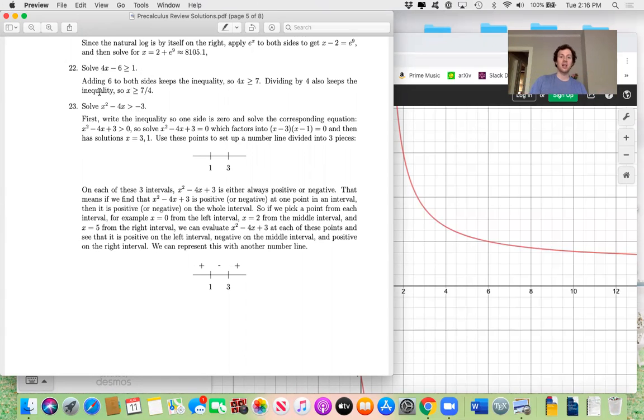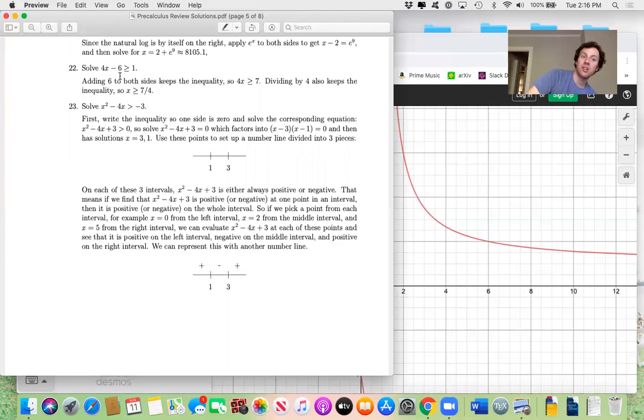Here, you can treat it like an equation and move things to the right side to get x by itself. If you add 6 to both sides, the inequality stays like it is, and you get 4x is greater than or equal to 7. Then you can divide by this 4 and gets you x is greater than or equal to 7/4.